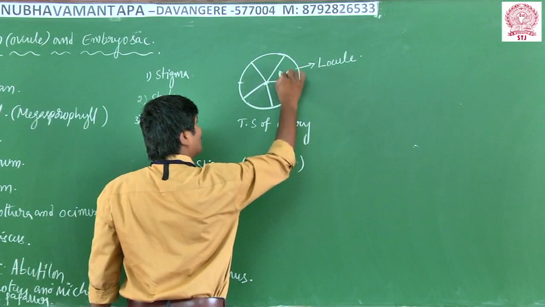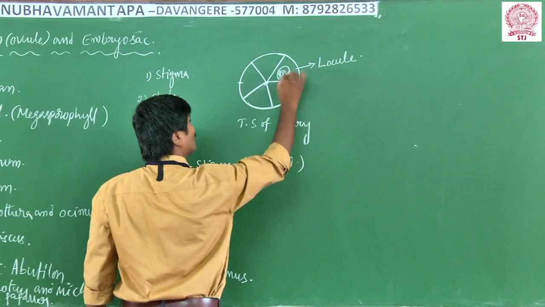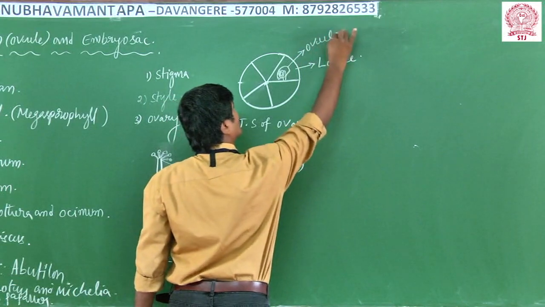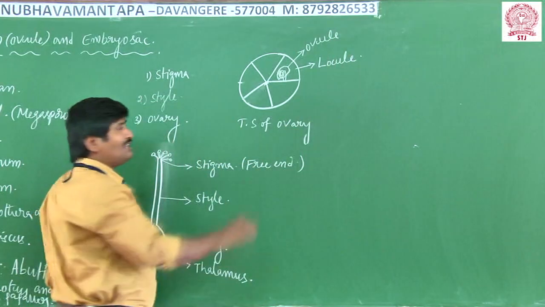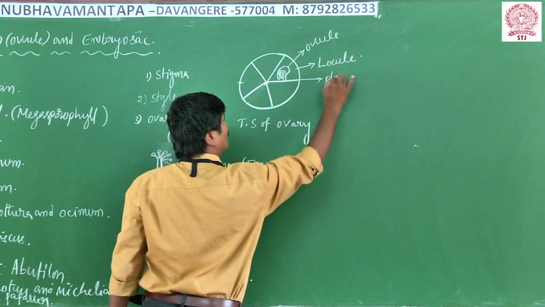These are the structures of the ovules. The ovules are arranged on the placenta.